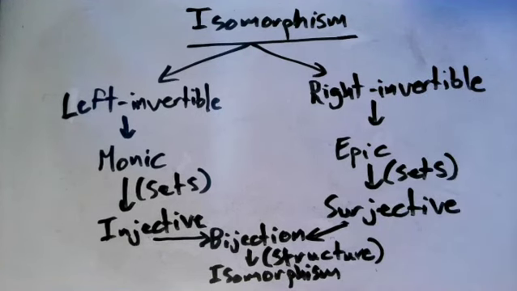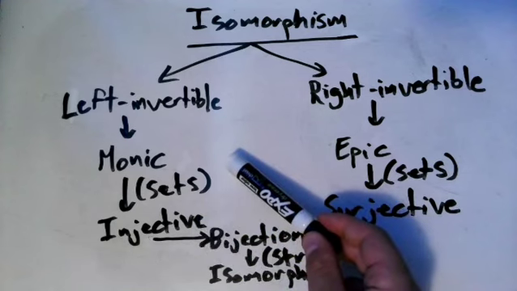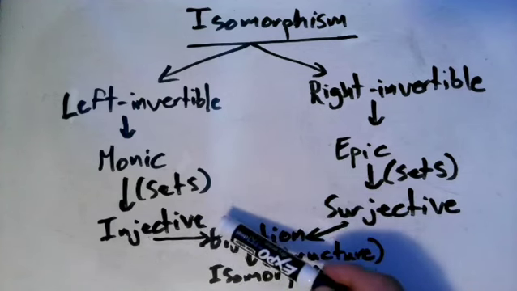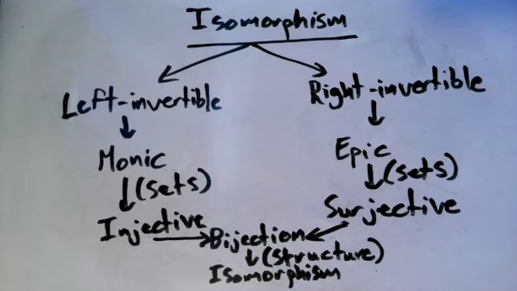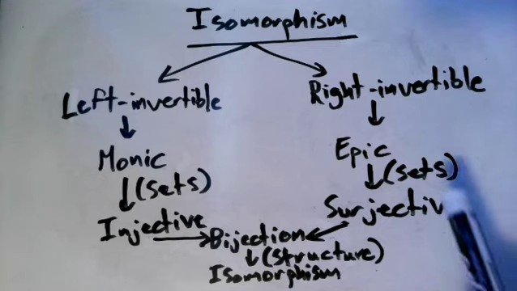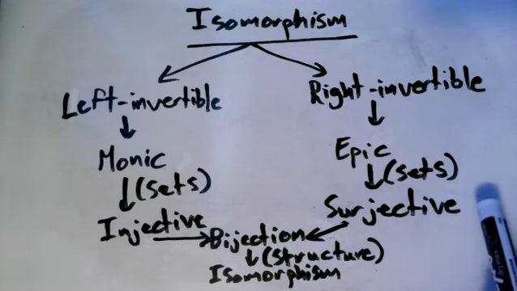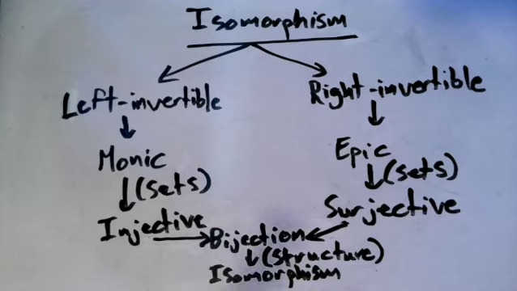We also saw that monic morphisms correspond exactly to injective functions when we're working with sets, and that epic morphisms correspond exactly to surjective functions when we're dealing with sets. But what is a set function which is both injective and surjective? Well, it's a bijection. And so this shows that isomorphisms in the category of sets correspond exactly to bijections between sets.